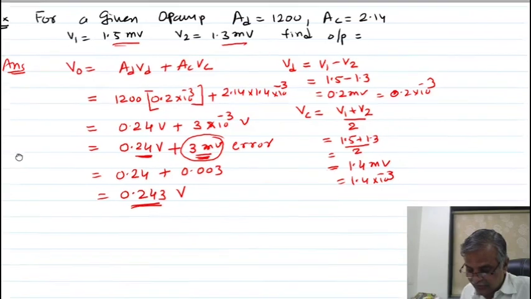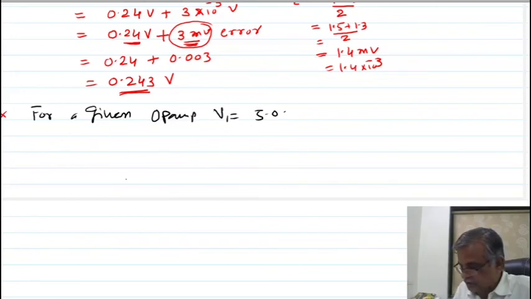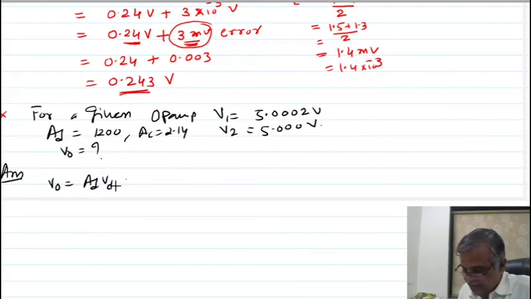Now it is not necessary the error is always less due to common mode signal. We will see another numerical. For a given op-amp, V1 is 5.0002 volt and V2 is 5.000 volt. AD is 1200, AC is 2.14. Find the output voltage. Answer: VO is equal to ADVD plus ACVC.